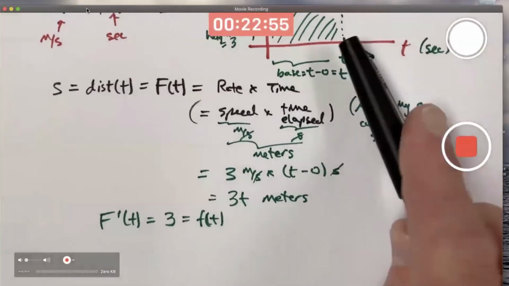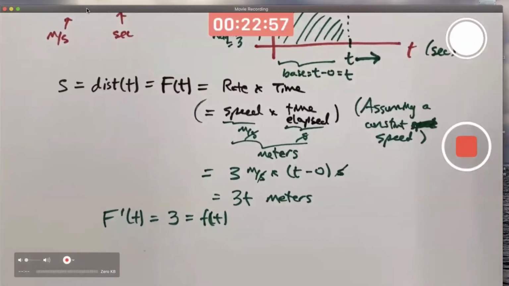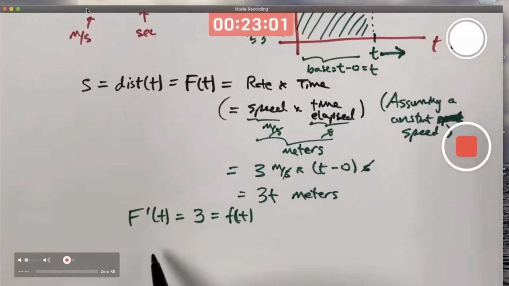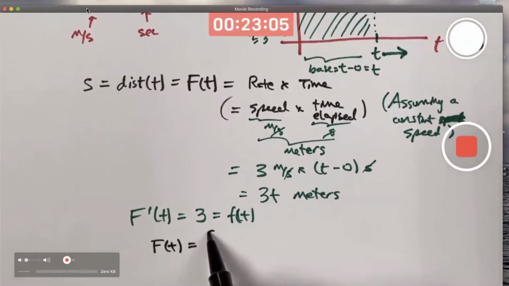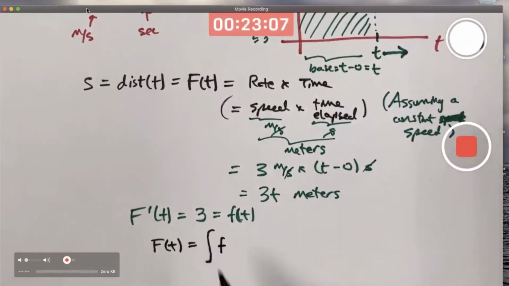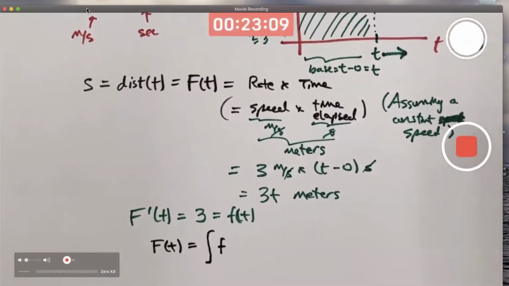Since it's an area, since it's an antiderivative, I guess I could have also used an integral symbol instead of a derivative symbol. I could have also written capital F of t to be the integral of little f. Now I'm purposely stopping right there at the moment. Well, maybe I'll write a little more.